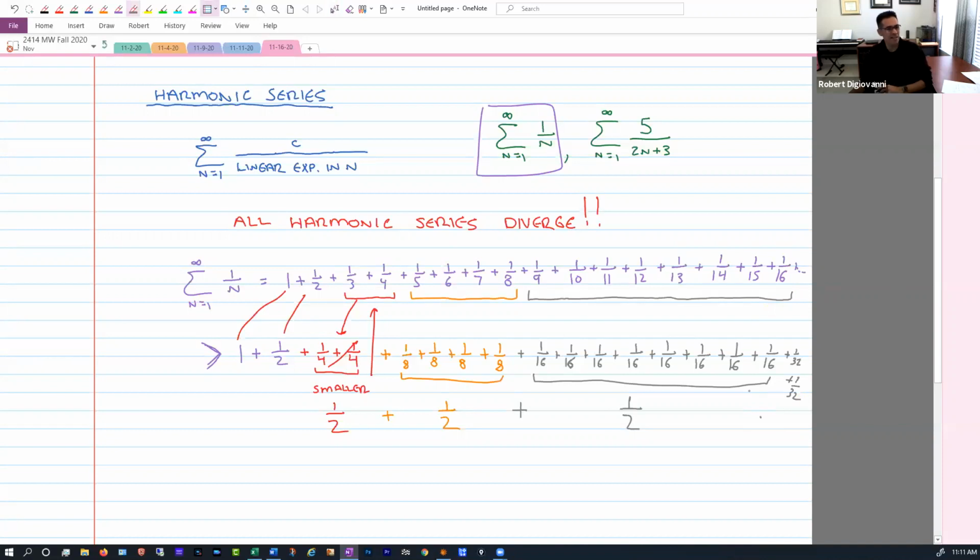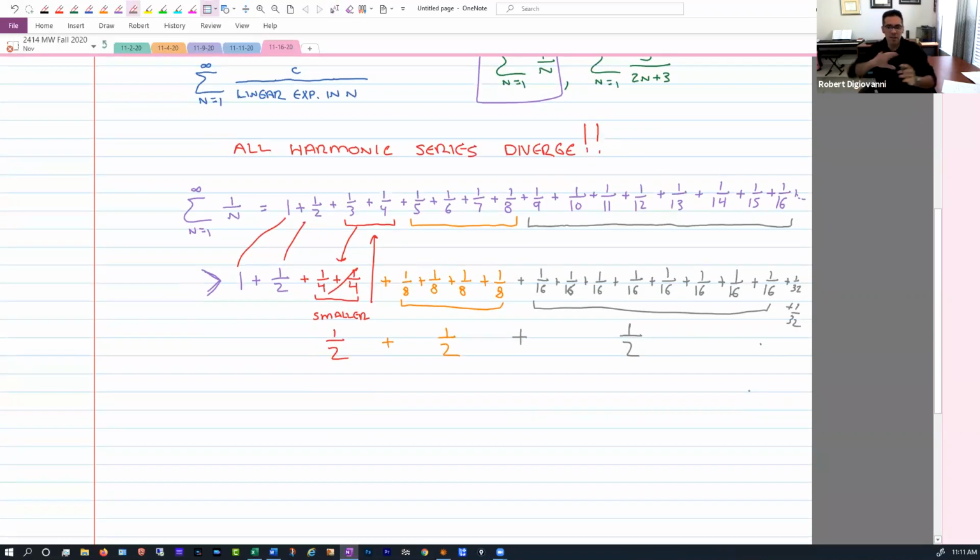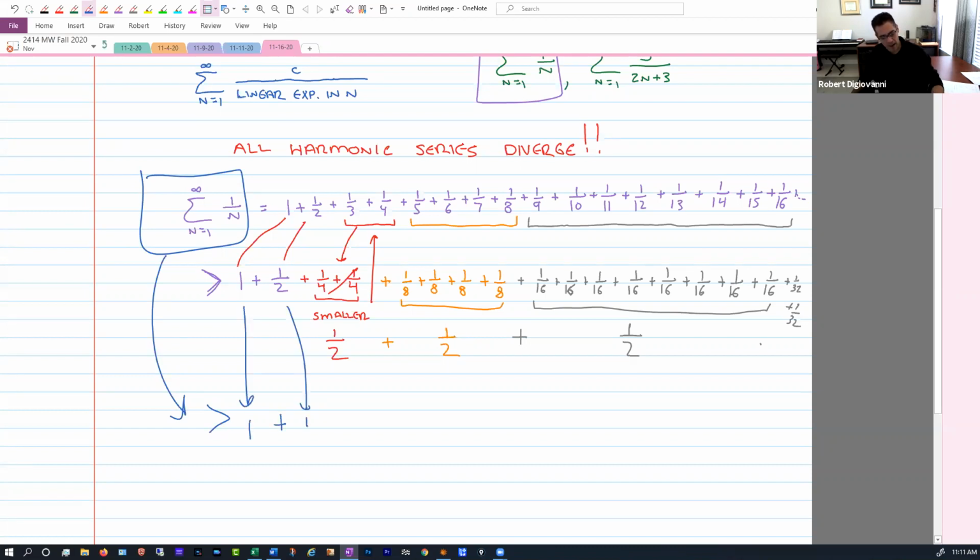Does that make sense? And so if I continue this forever, then really what I'm saying is that this original sum here is bigger than 1 plus a half plus another half plus another half plus another half plus and so on, forever, right?